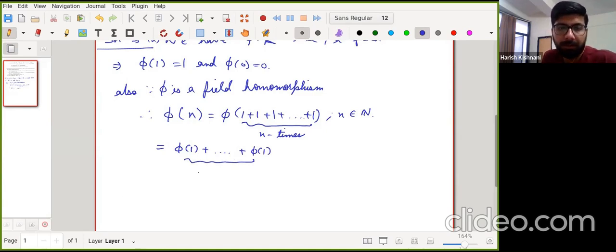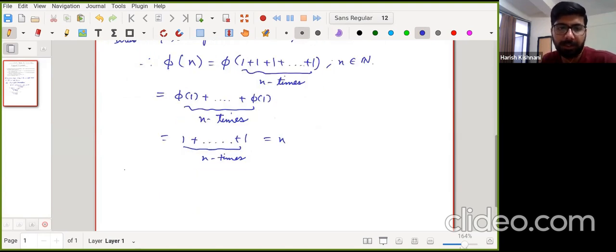But phi of 1 is 1, so adding 1 n times is nothing but n. This gives that phi of n is equal to n for all n in the natural numbers.